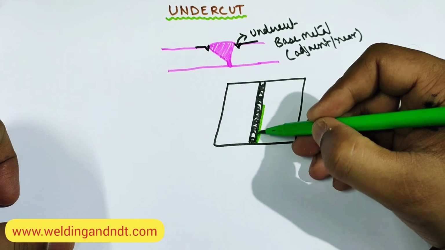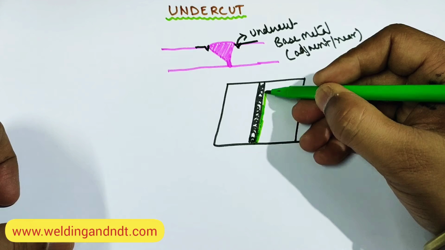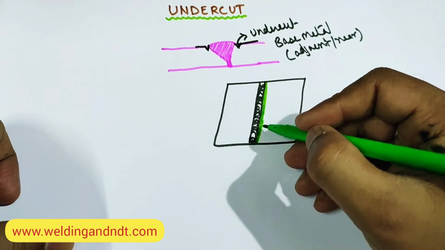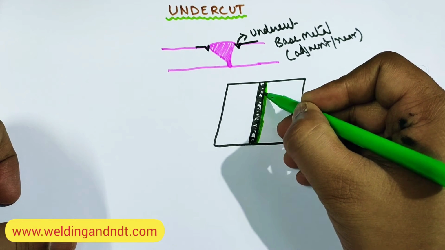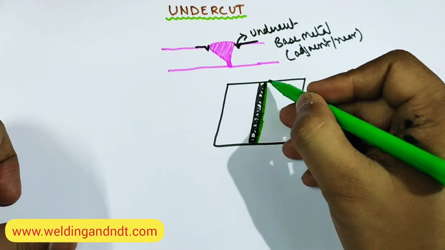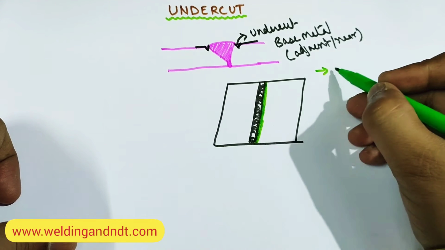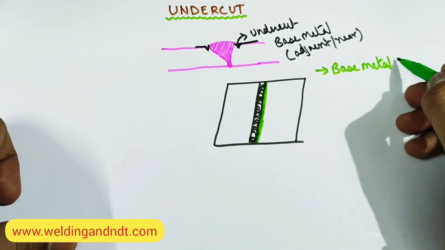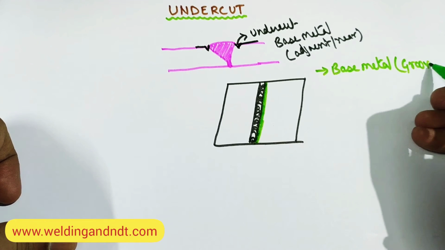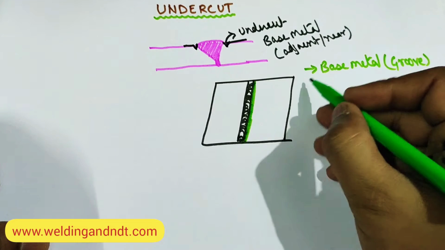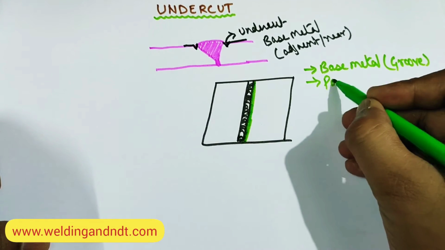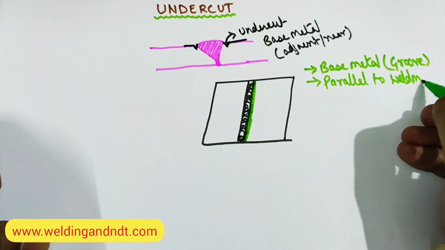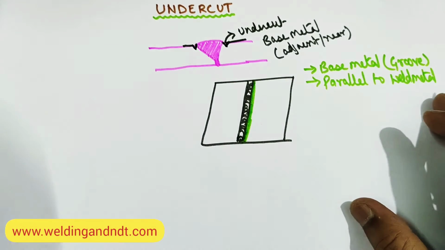The length of this undercut may be significant, it can be up to the entire weld, or it can be some portion also. But the speciality is that it is always parallel to the weld metal. So two things: it is formed on the base metal in the shape of a groove, and it always runs parallel to the weld metal.